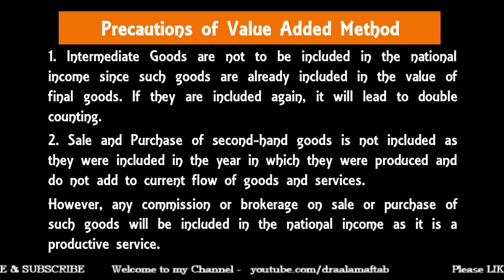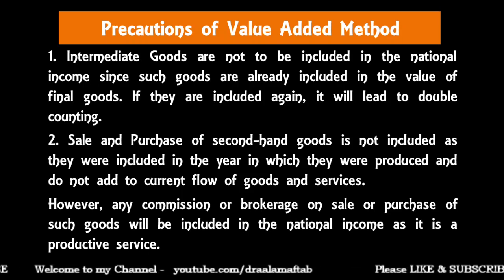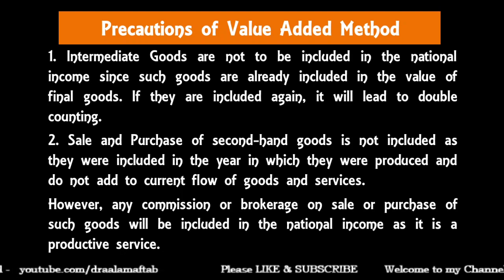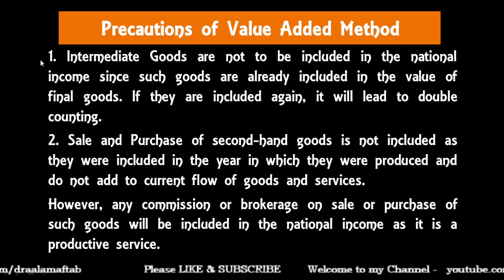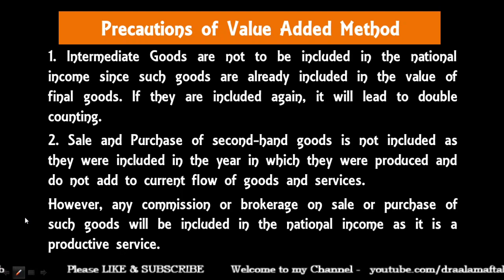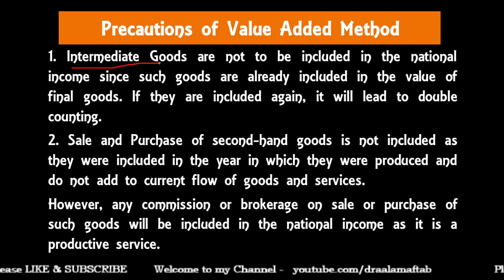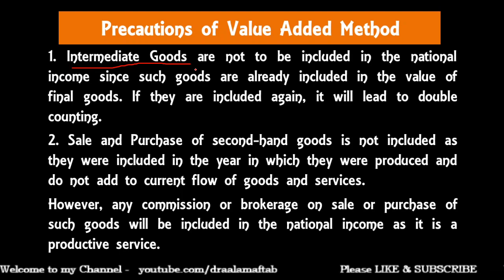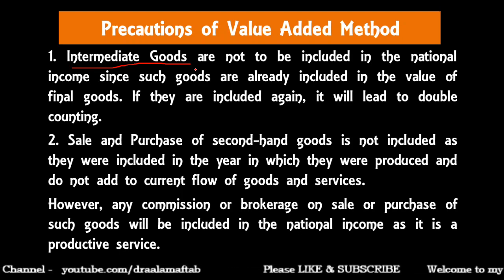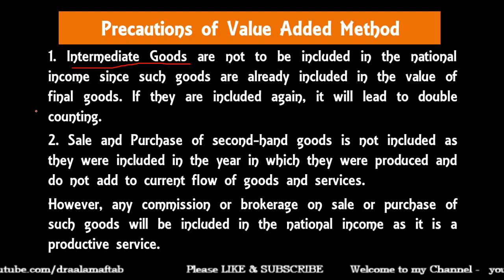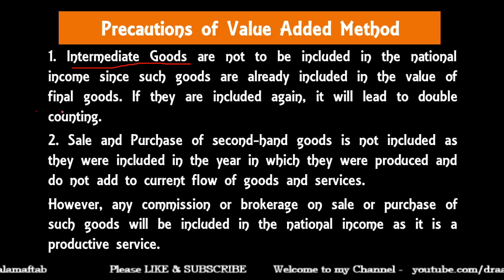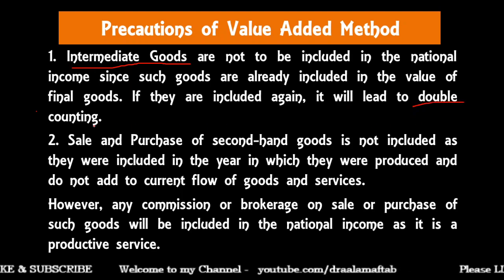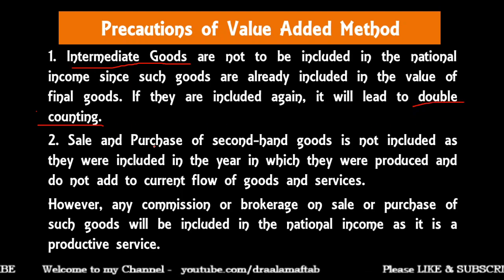Now, precautions related to the overall value added method while calculating national income. The first precaution is about intermediate goods. Intermediate goods value must be deducted from the value of output to arrive at the total value added. Otherwise, you will commit the mistake of double counting.